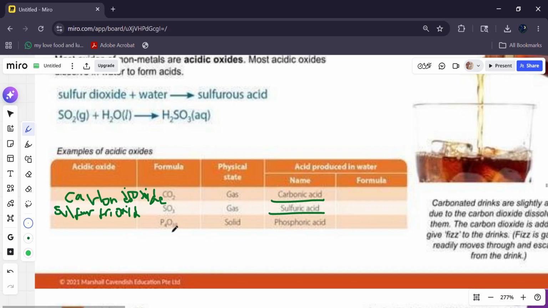And the final one is phosphorus V oxide. Phosphorus V oxide means phosphorus 5 oxide.